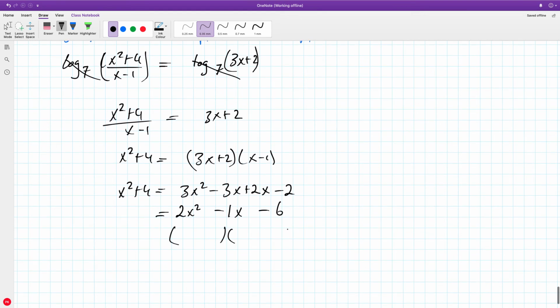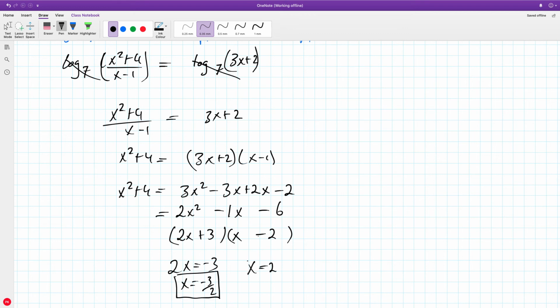Factorize it. 2x and x, minus 3 and plus 2, giving 2x squared, plus 2x minus 3x, minus 6. 2x equal to minus 3, x is equal to minus 3 over 2.